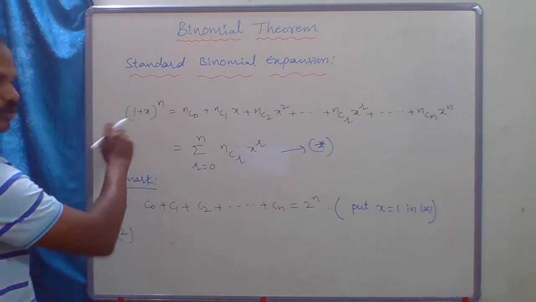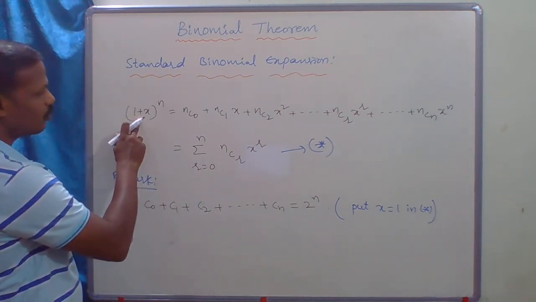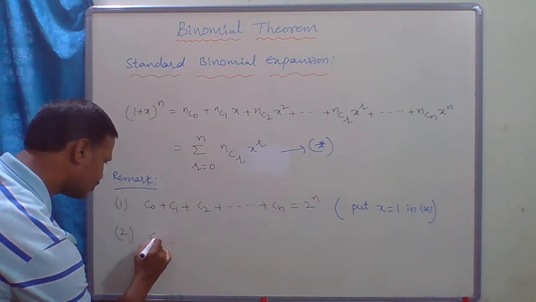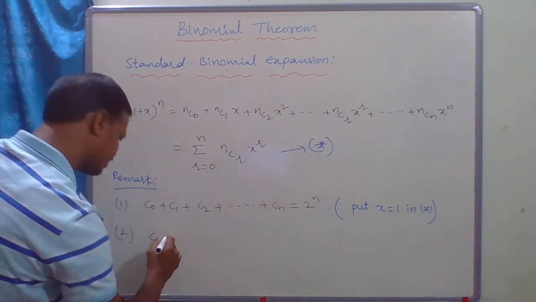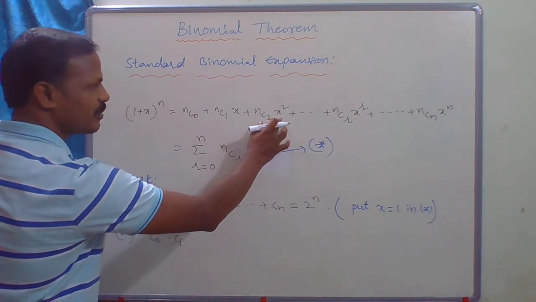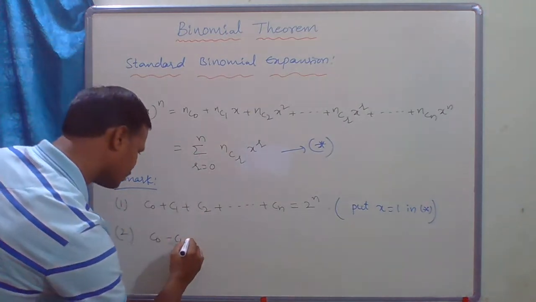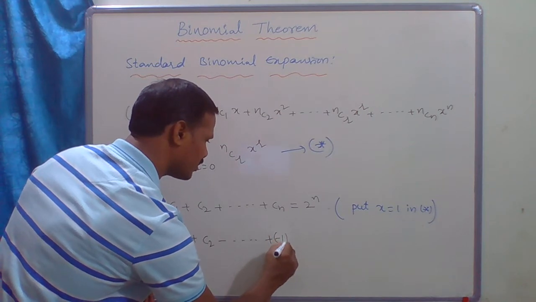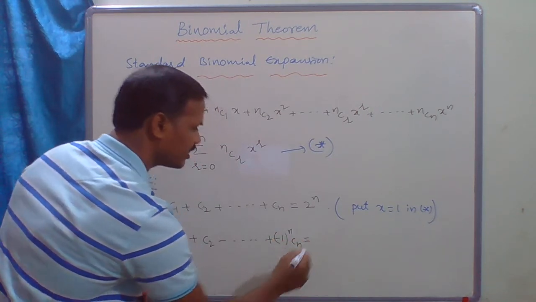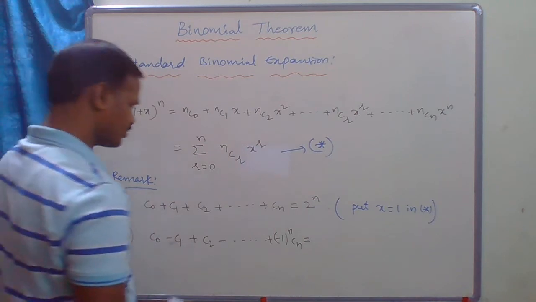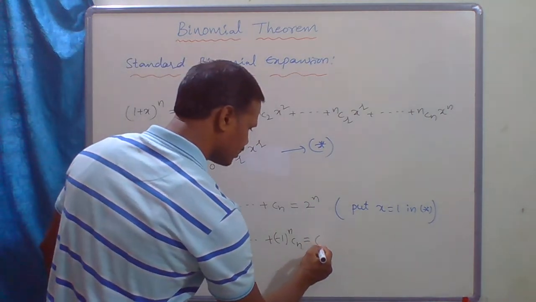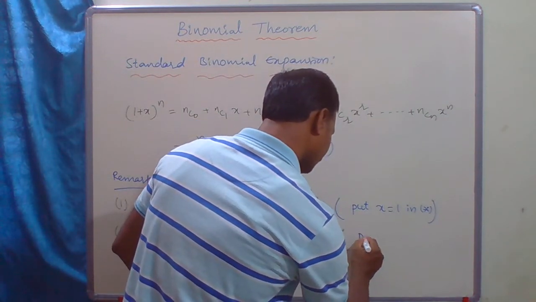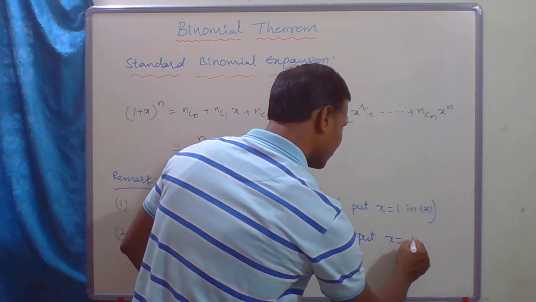If you put x equal to minus 1, that is 1 minus 1, which is 0, and 0^n is 0. Then this becomes C0 minus C1 plus C2 (since (-1) squared is 1), and so on, plus (-1)^n Cn, which equals 0. This comes from putting x equal to minus 1 in star.